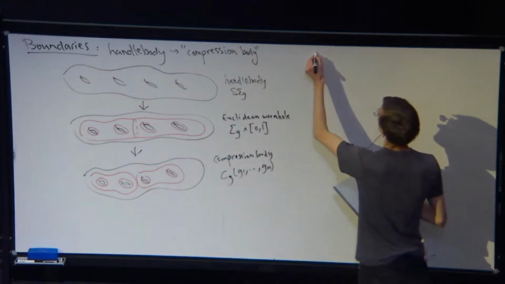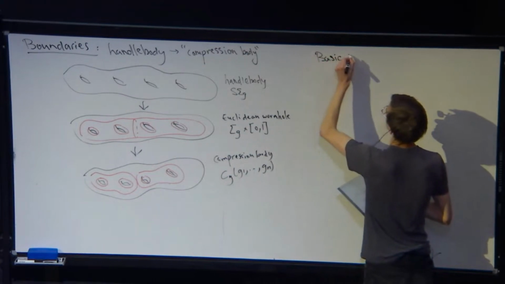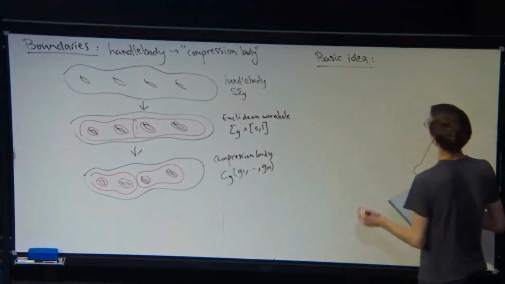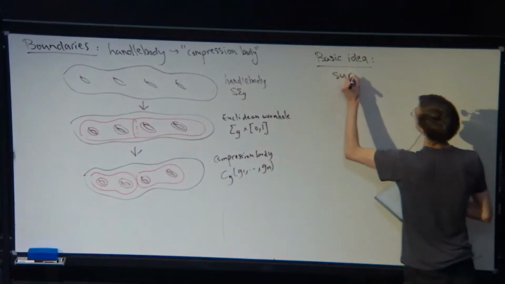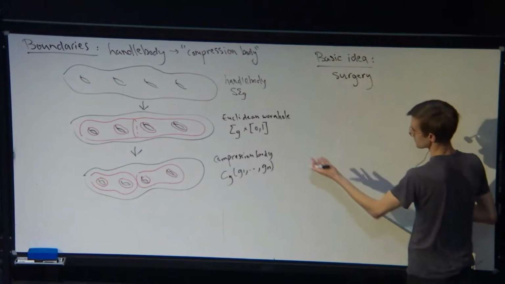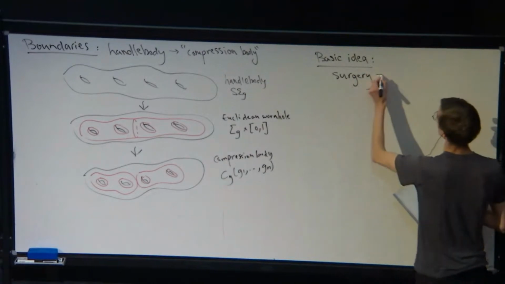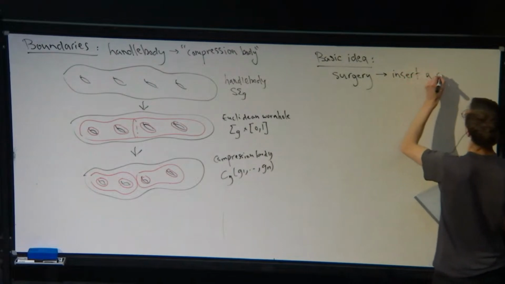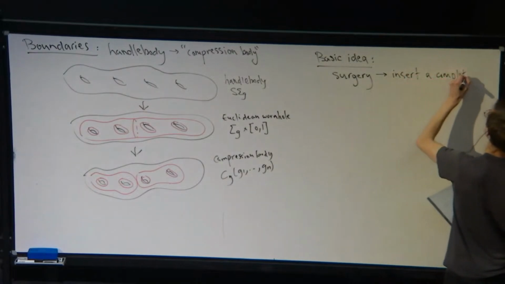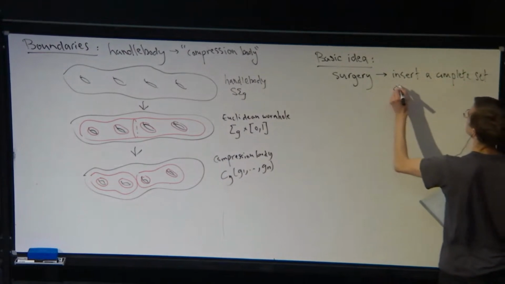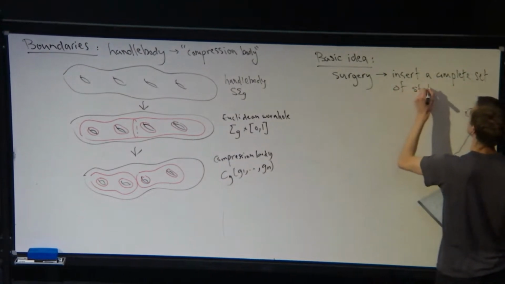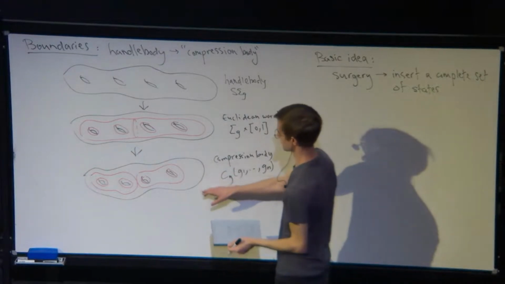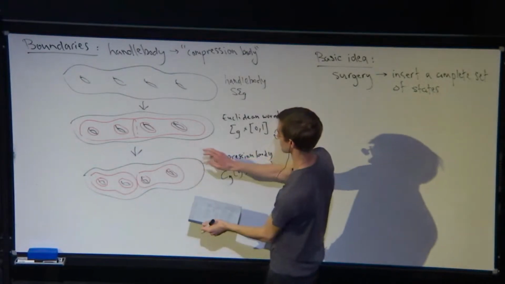So the basic idea, which maybe it'll be useful to see some explicit examples of shortly, is to do surgery into these compression bodies. Then you insert a complete set of states in the Hilbert spaces of these inner boundaries, that creates some state for you, or some linear combination of states in the Hilbert space of the outer boundary.